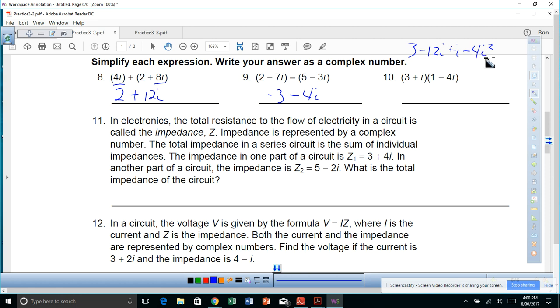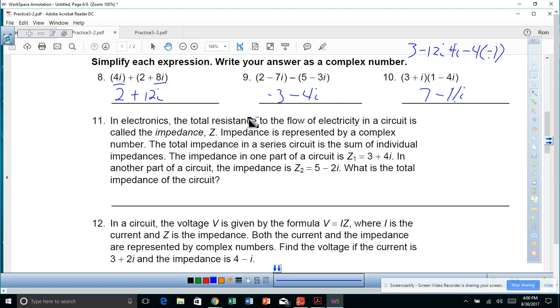So i squared is the same as negative 1. So I'm going to have 3 minus, well, that's going to be plus 4. So that's going to give me 7 minus 12i. I multiplied and that's not 12i, that is 11i. Negative 12i plus i, that's going to be minus 11i. All I did was combine the like terms.